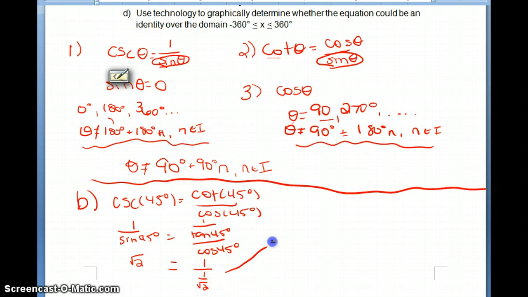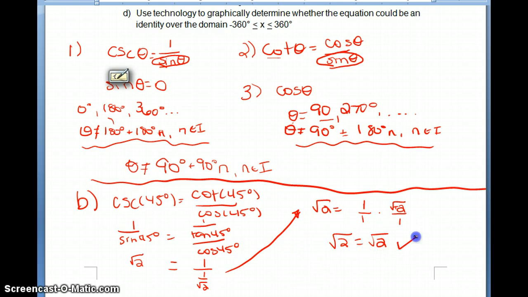Okay, I'm going to write this all the way over here now if you ladies don't mind. Now we have root 2 is equal to, if you remember your fraction rules, you flip your fraction then multiply it. I'm sorry, that should be a positive 2. That was a mistake on my part. Okay, and then simplify. So we have root 2 is equal to root 2.